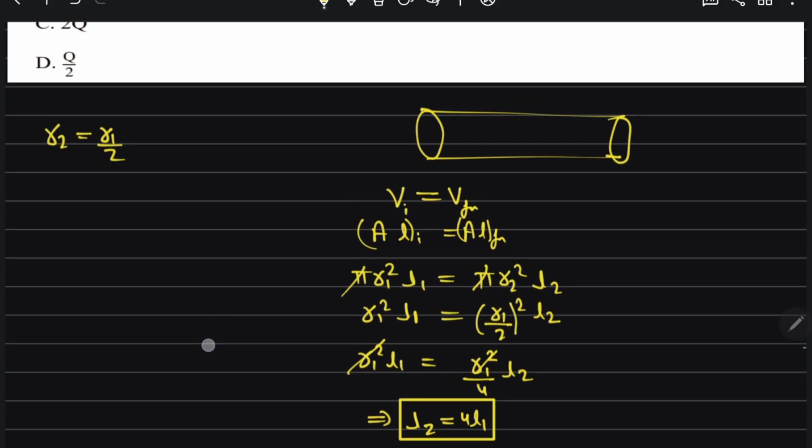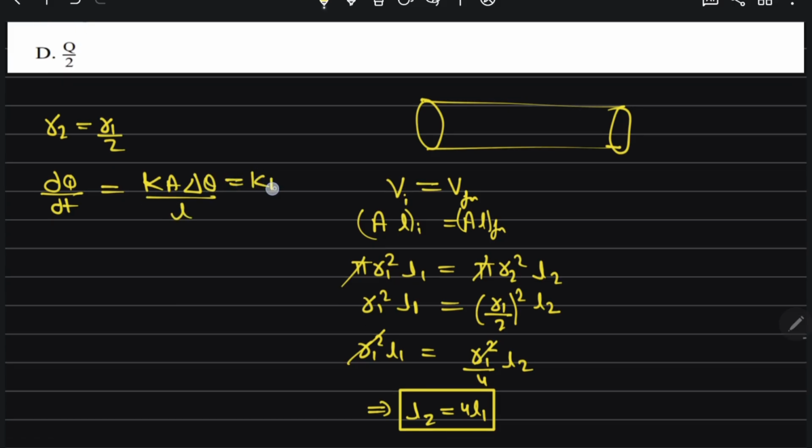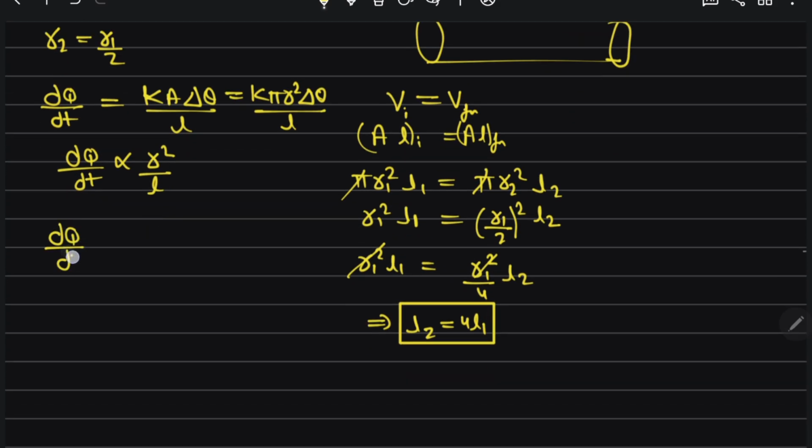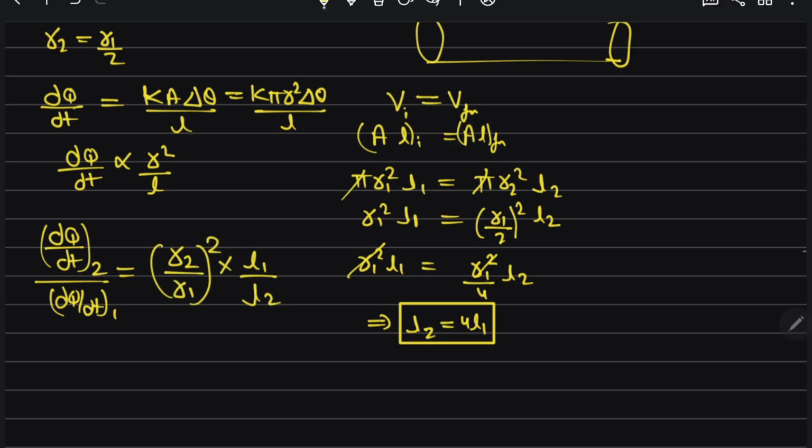So we can say that dQ by dt is k A delta theta by L, and area is pi r square, so the rate of flow of heat is directly proportional to r square by L. So dQ by dt for second over dQ by dt for first equals r2 by r1 whole square times L1 by L2.